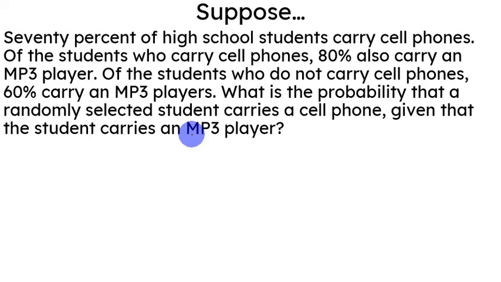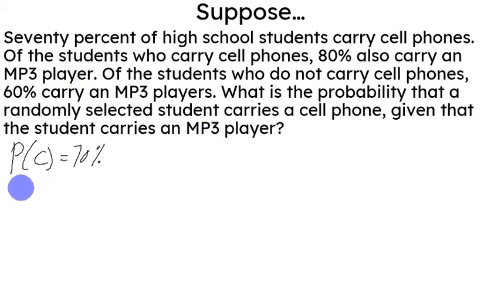Let's take note of what we know. 70% of high school students carry cell phones. So the probability that, letting event C be a high school student carrying a cell phone, is 70%. Now, we have a new piece of information. Of the students who carry cell phones, 80% also carry an MP3 player.